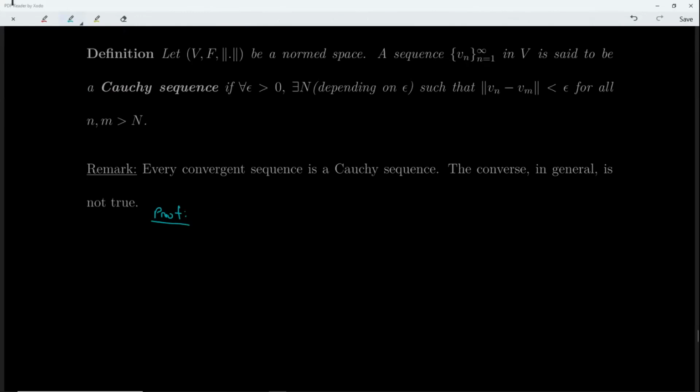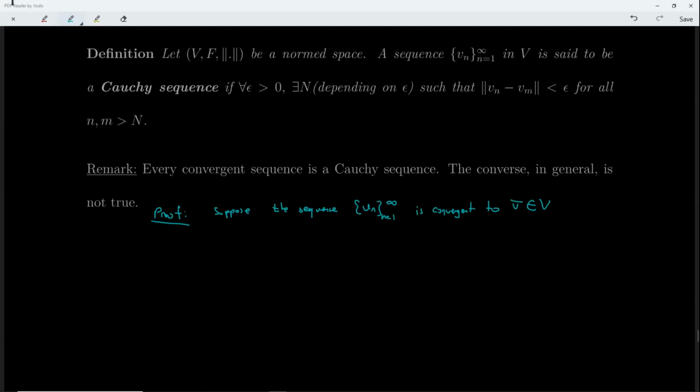So suppose the sequence Vn from 1 to infinity is convergent to a limiting value V bar, and that is in our vector space. Then we will investigate the difference between Vn and Vm as n and m go to infinity.